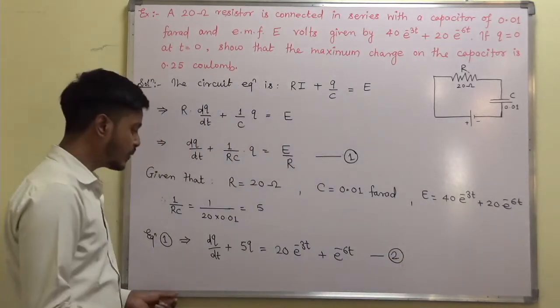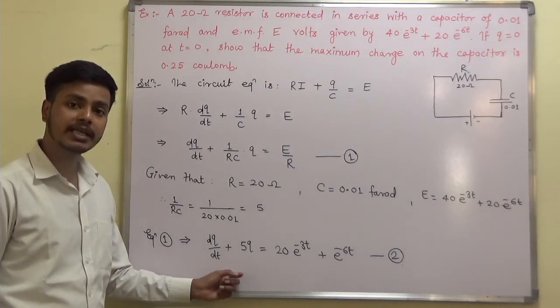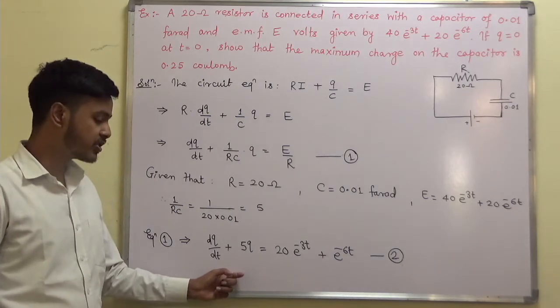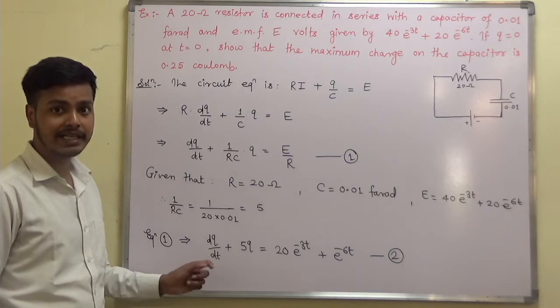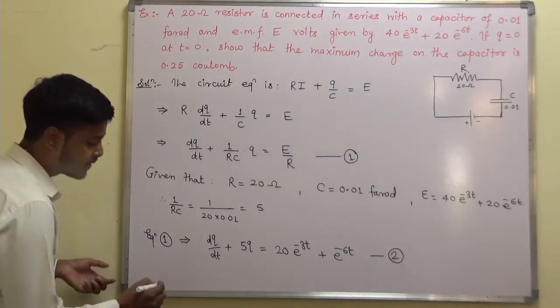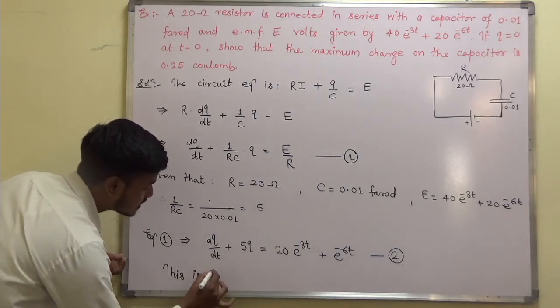Okay, now say this is to be my equation number 2, and you can just look at this equation 2. What is this equation 2? This equation 2 is nothing but a linear differential equation in variables Q and T, where Q is the dependent variable and T is the independent variable.